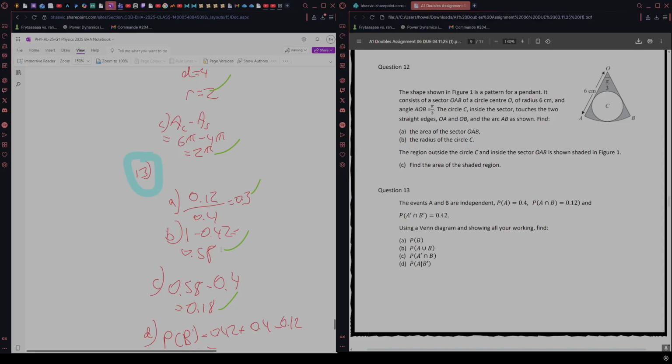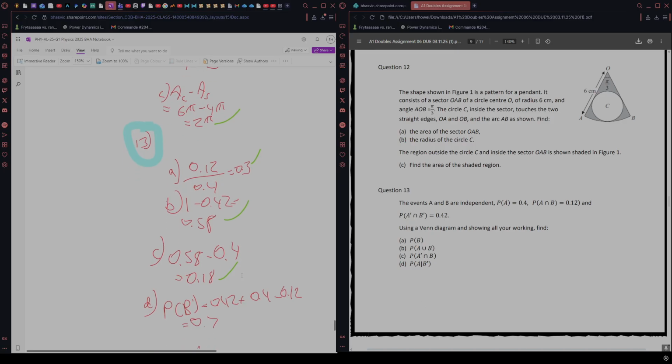It's going to be what we just found, A union B, take away the entirety of A, because we know it's not in the alone section of A, and we also know that it's not in both of them. So if we just take away the entire inside of A from the Venn diagram, we're going to get what's in B, but not what's in the middle. So we're just going to get 0.18 for this. I definitely should have drawn this as Venn diagrams. You kind of just have to imagine it.